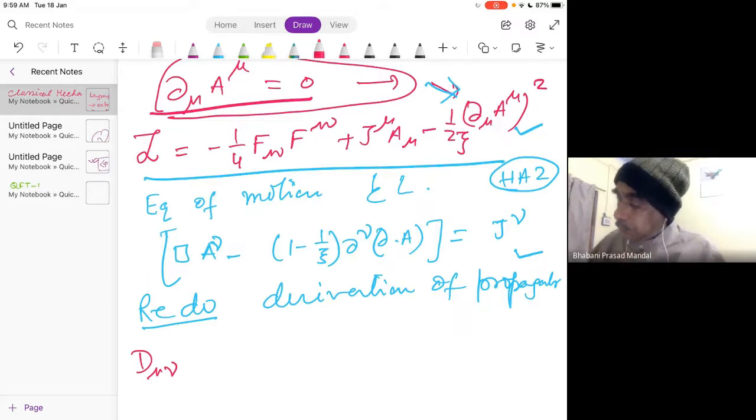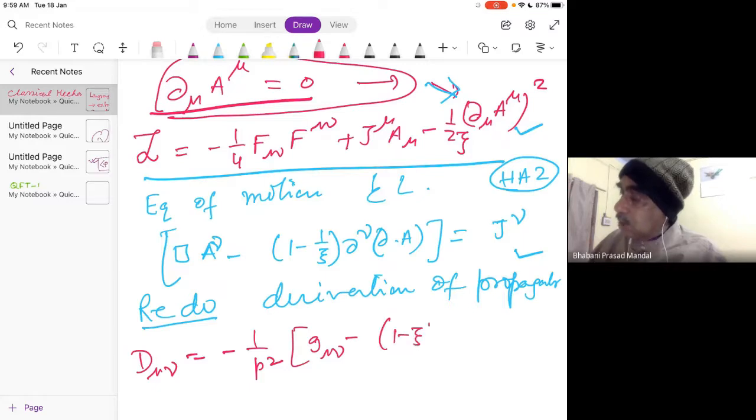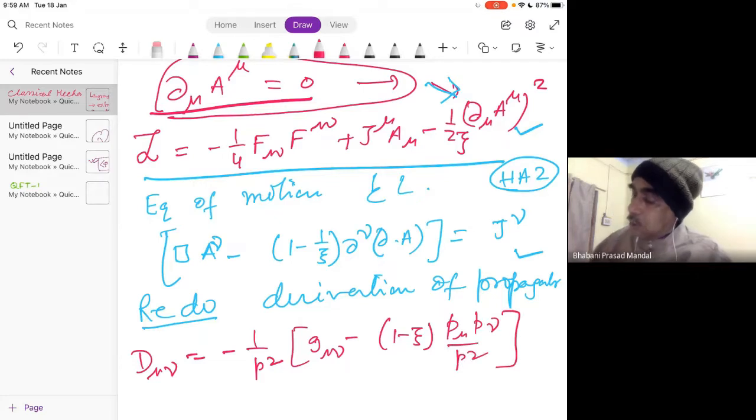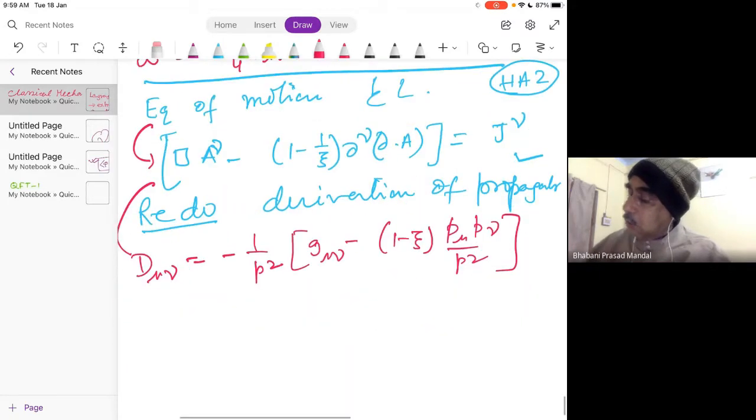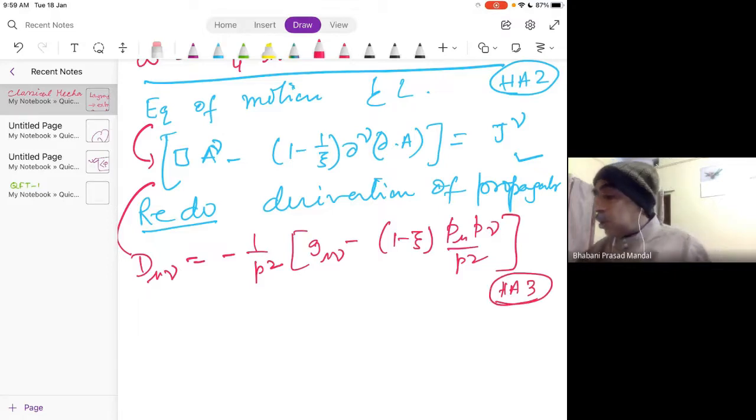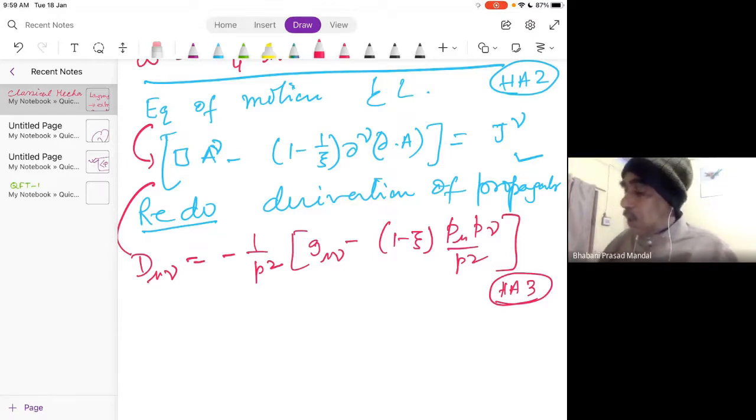You will get 1 over p squared times (g_μν minus (1 − ξ) p_μ p_ν over p squared). So first find this equation, then second find this result, which is your home assignment 3. These are old topics, so I am putting them in the home assignment. Those who are interested will do this and learn better. Those who feel some pressure can assume this result. These are standard results. So this is the propagator.